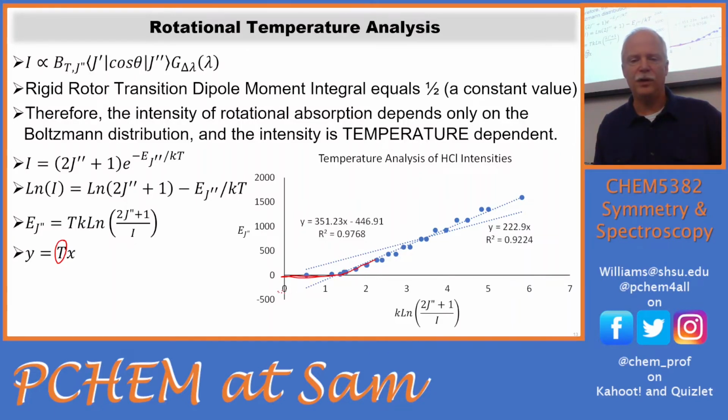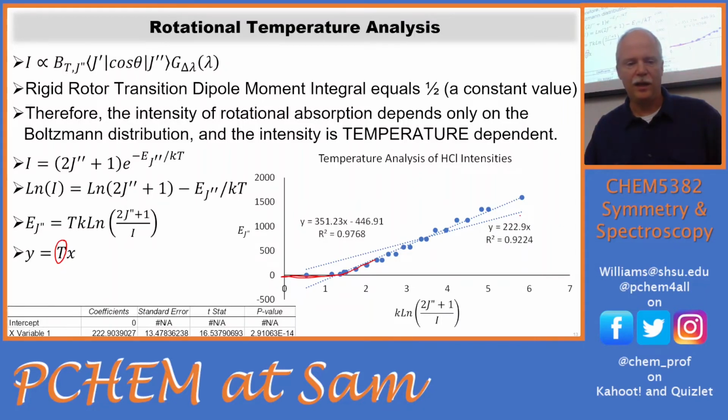If we just put a line on here with no intercept, we get 222.9, or 223 Kelvin. It definitely has a good p-value, but you can see it doesn't really fit the data. So if we include an intercept, I don't exactly know what that intercept is.